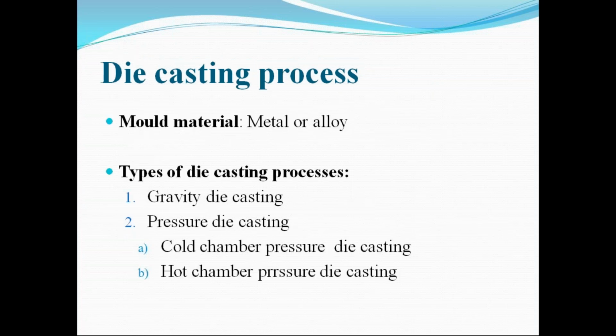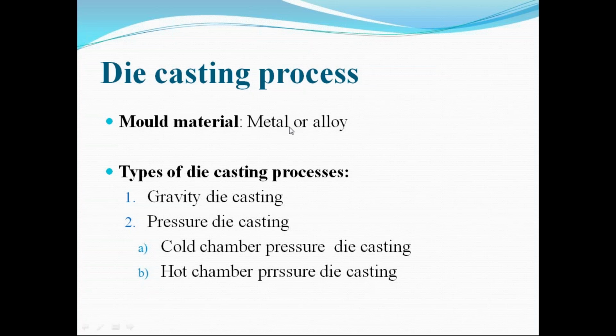Obviously the die, that means the mold, is made of metal or alloy, and the product material may be metal or non-metal, but the melting point temperature of the die material will obviously be greater than the melting point temperature of the product.